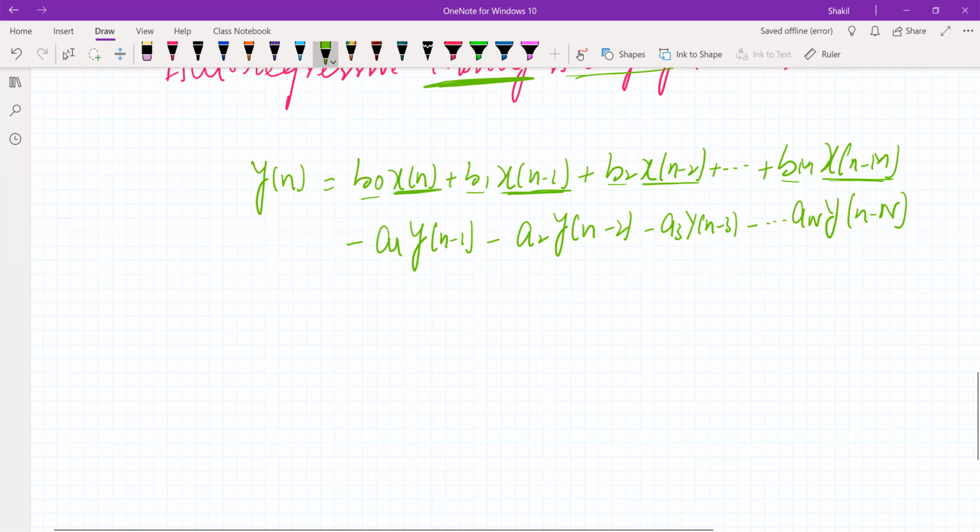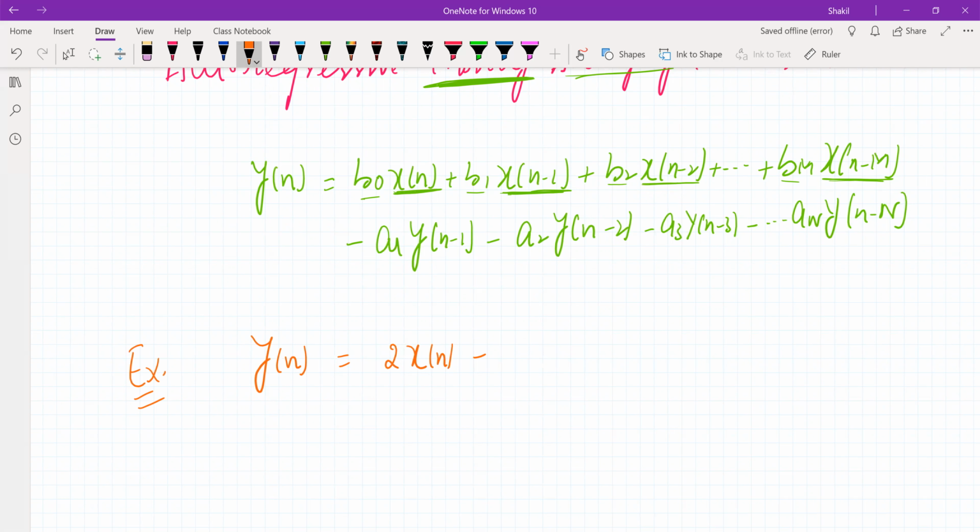Let me give you an example of this system. y of n is 2x of n plus 3x of n minus 1 minus 5y of n minus 2 minus 4y of n minus 3. So the output depends upon the present and the past inputs and the previous outputs as well.